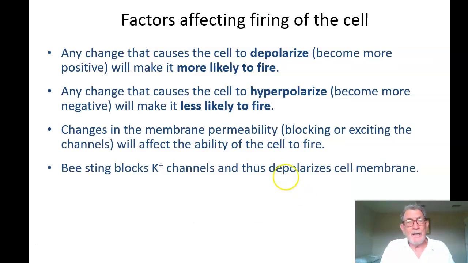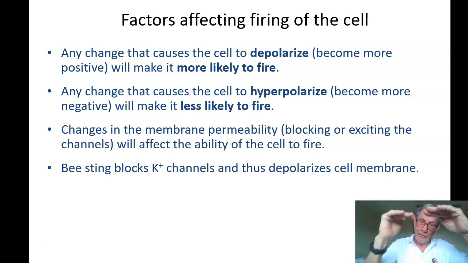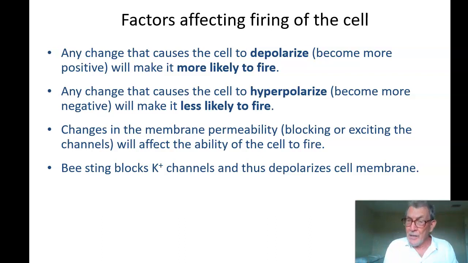And generally speaking, anything you do that makes the membrane more positive brings you closer to the threshold and makes that cell easier and easier to fire until it finally does. So if something happens, either good or bad, that brings it closer to the threshold, you're making it more and more easy to fire. If something pushes the membrane more negative, so you're farther from the threshold, you've got so far to go before you can get it to fire that it inhibits the cell.